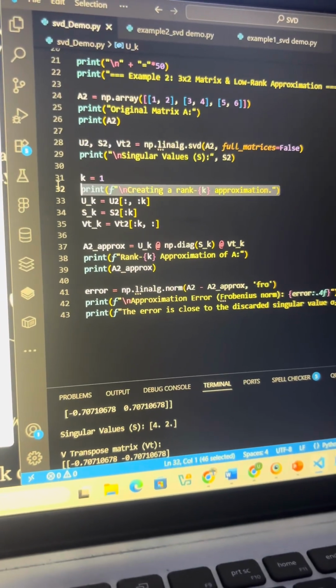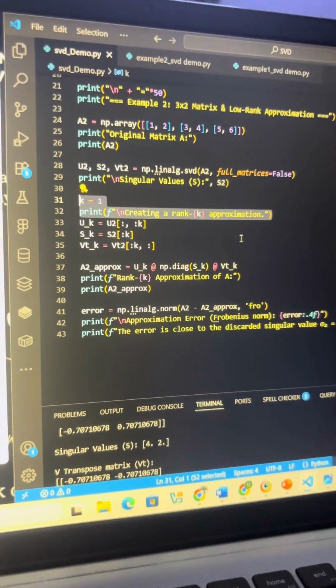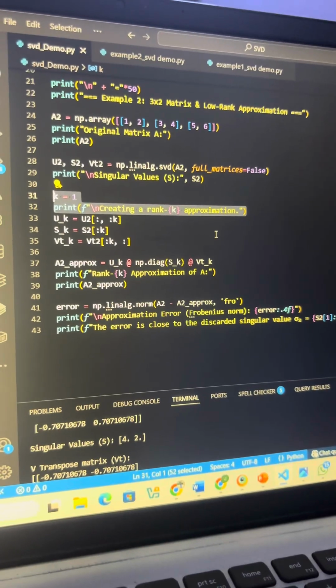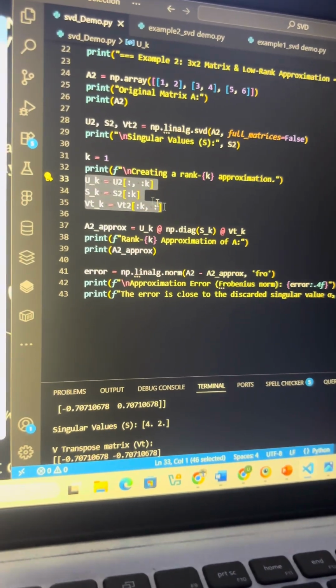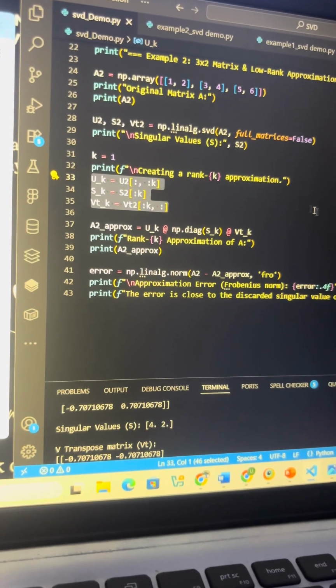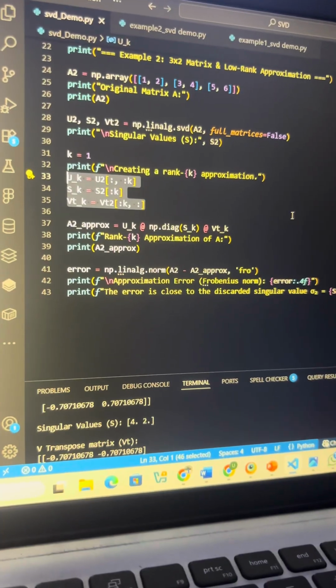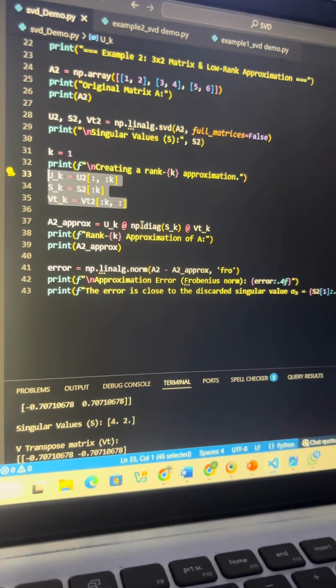This code means we are going to keep only the most important part, just the first singular value and its corresponding vectors. This part describes slicing our matrices. To keep only the first component, we take the first column of U, the first singular value, and the first row of V transpose.